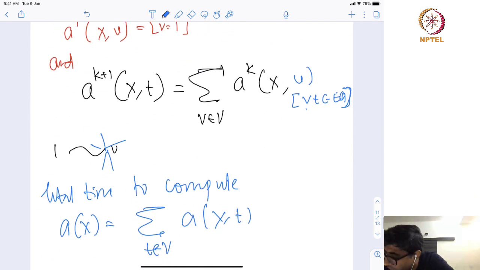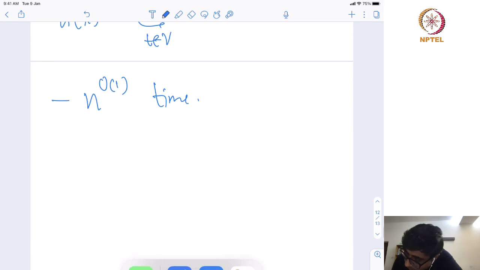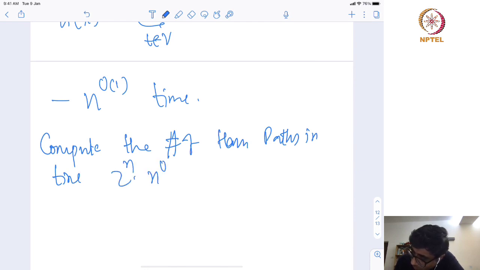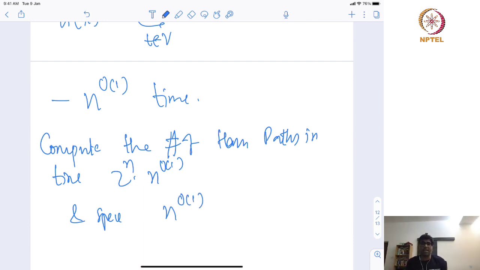So, we can compute the number of Hamiltonian paths in time 2 power n times n to the power big O of 1, and space n to the power big O of 1. So, in poly space and 2 power n time we can compute the number of Hamiltonian paths. Okay.